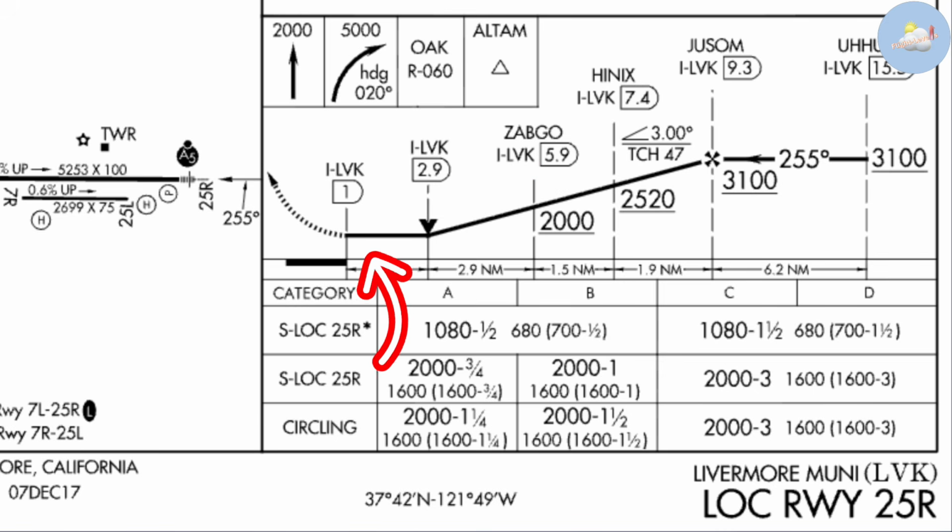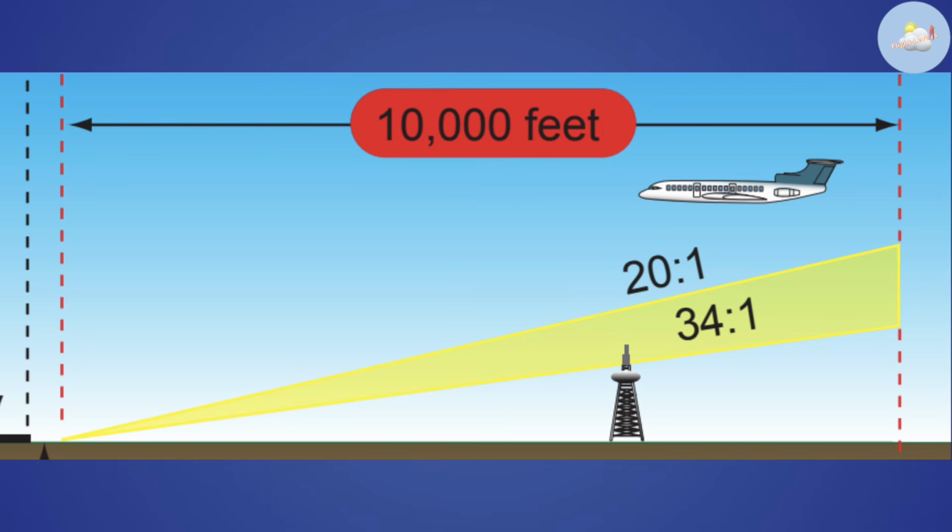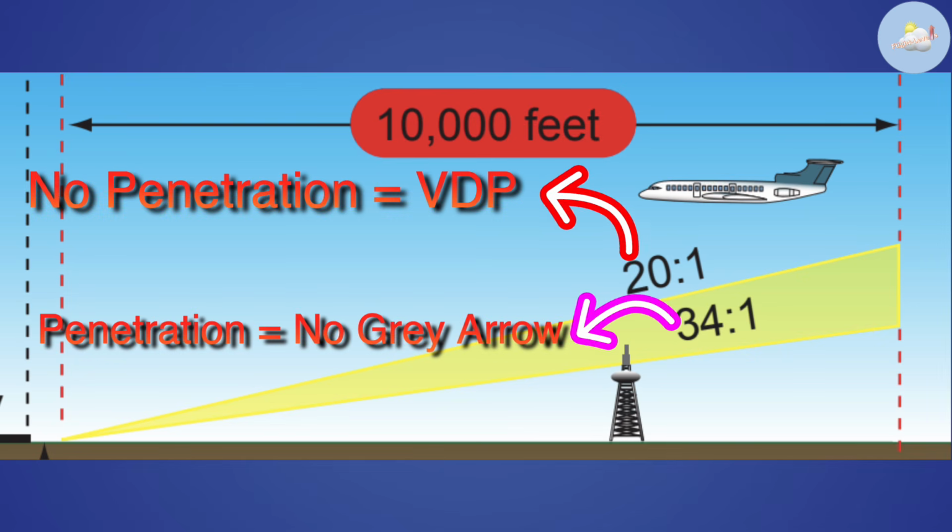This means that when the FAA was taking observations at Livermore, the 34-to-1 slope was penetrated by some obstacle. That's how we know, because there's no gray arrow. The VDP is still there because no obstacles penetrated the 20-to-1 slope.